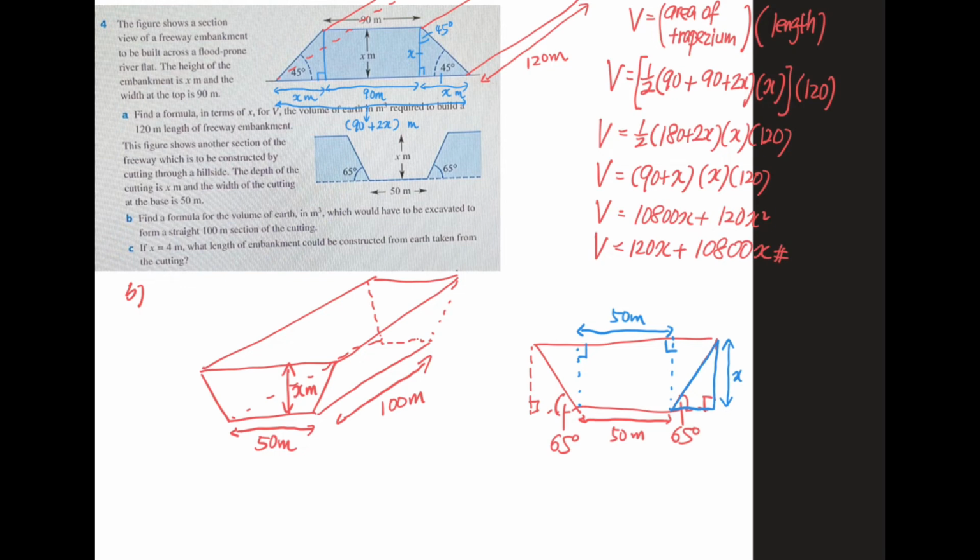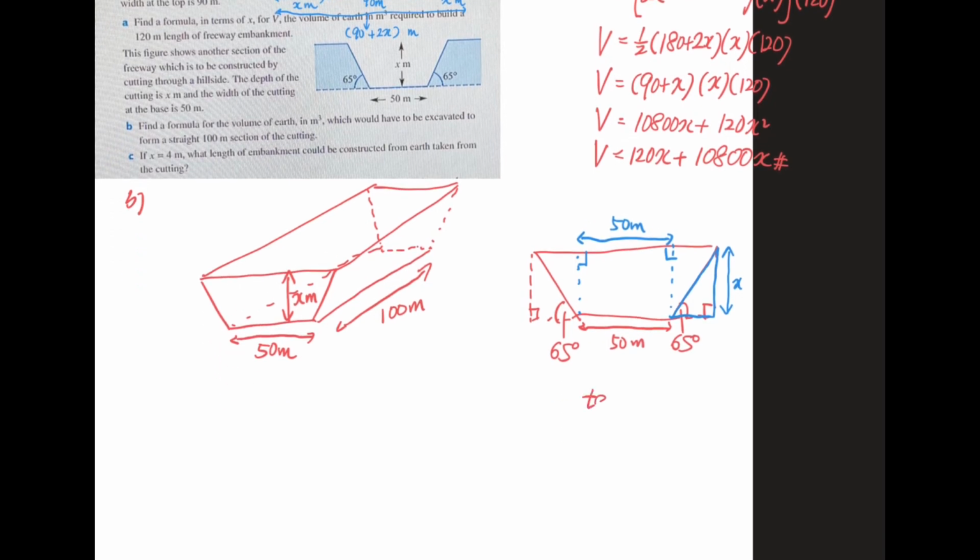Then I can use trigonometry to solve this. I'm going to use tangent. Tangent 65 degree. I know tangent is basically opposite over adjacent. So the opposite is x, the adjacent is unknown.